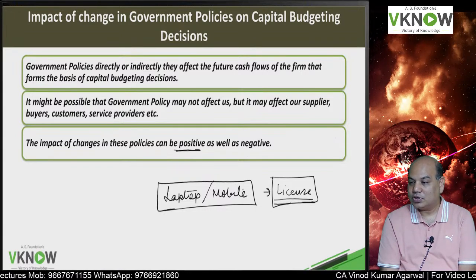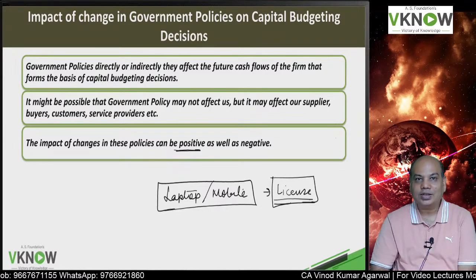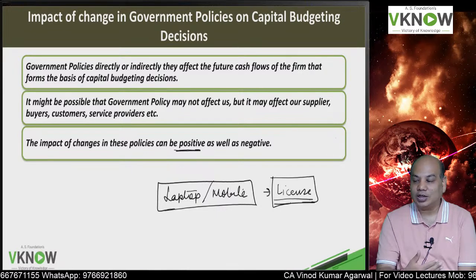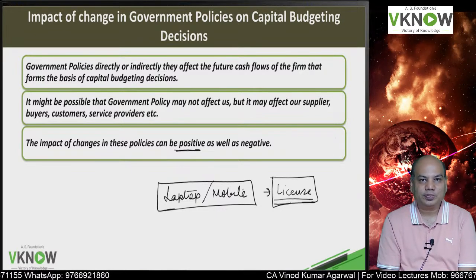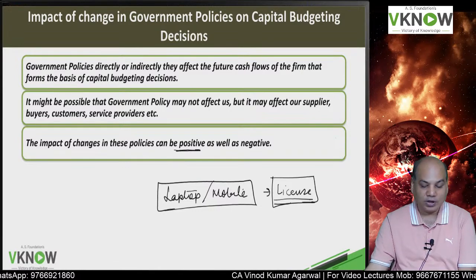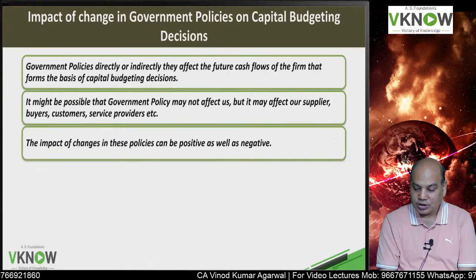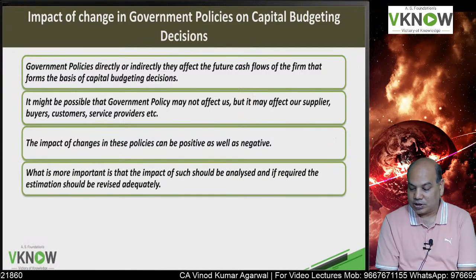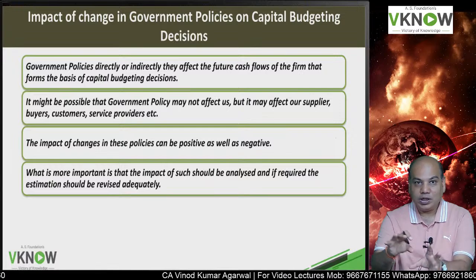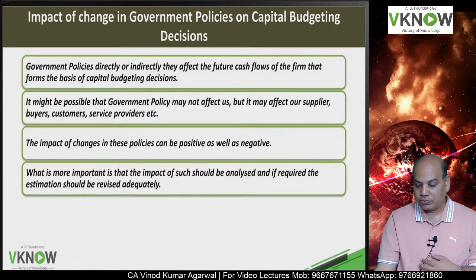Why was this policy brought in by the government? The government wanted that Indian companies' mobile phones and laptops should be promoted, and that is why we are making import a little difficult. So this is the government policy. Few examples I have given, but it will be beneficial to the local supplier, local manufacturer.